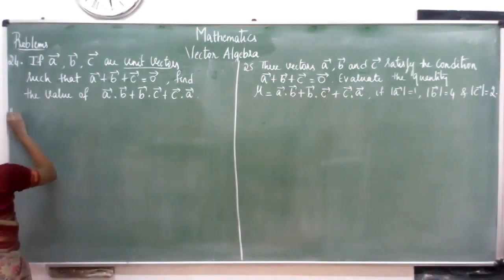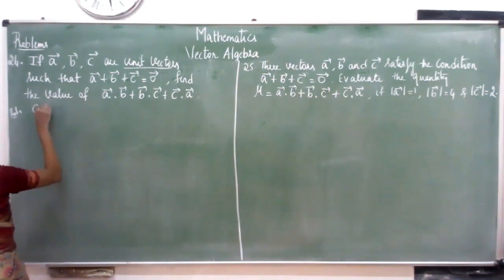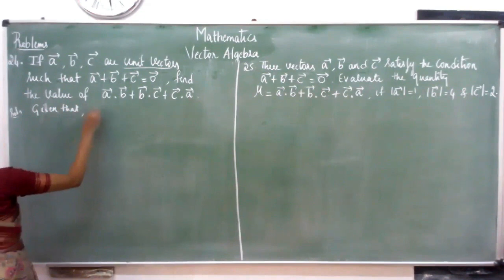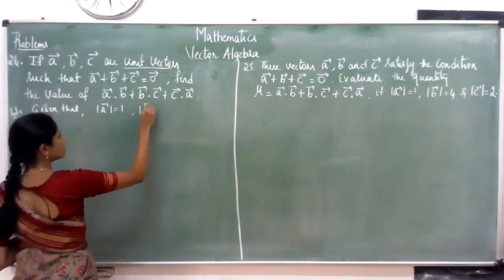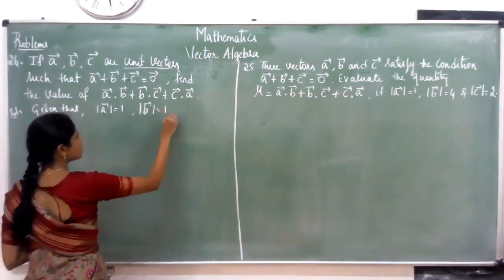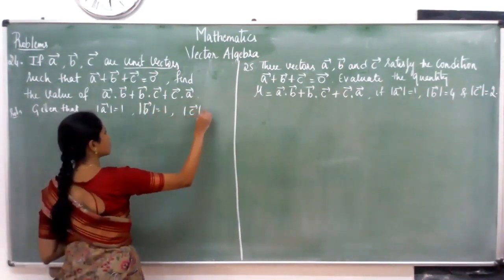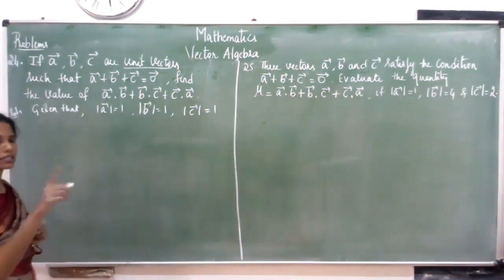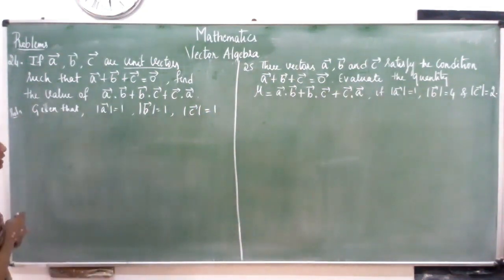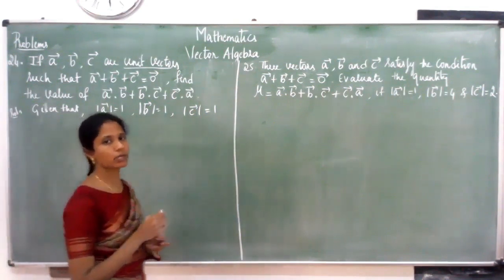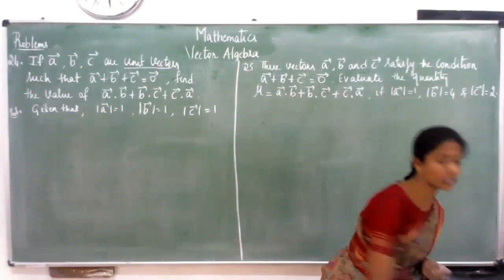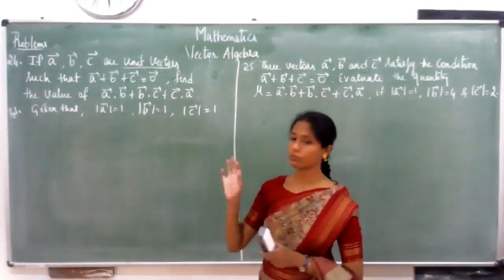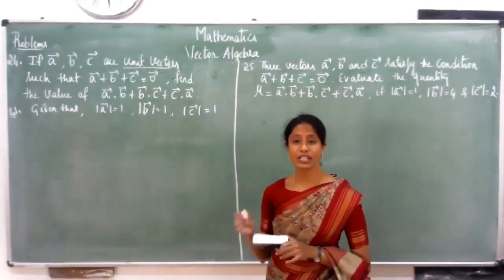So first you should write in the solution, that is, given that magnitude of vector A is equal to 1 and also magnitude of vector B is equal to 1 and given magnitude of vector C is equal to 1. This is the first data. Then they have given that vector A plus vector B plus vector C is equal to 0 vector.